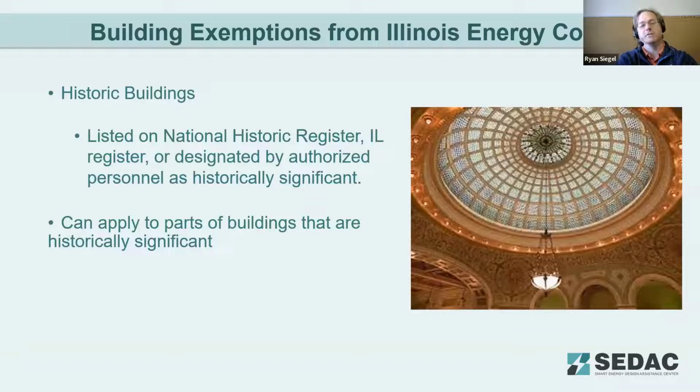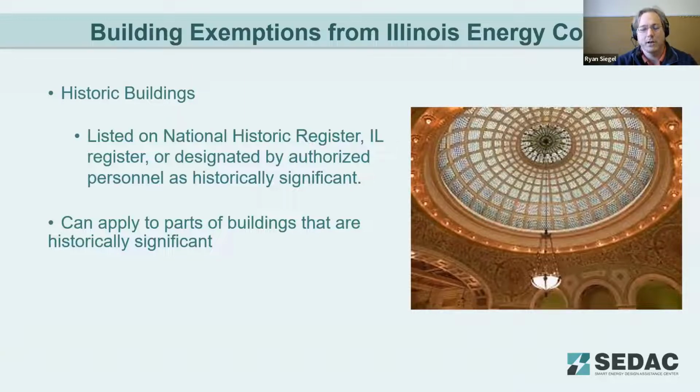So while those buildings may be exempted from the Illinois Energy Conservation Code, it is good practice, particularly for comfort and other benefits that go along with compliance with energy code, to bring those into compliance as best as you can. The International Energy Conservation Code does have a provision in there. So even if you try to comply fully with the International Energy Conservation Code, it does have an exemption for areas of buildings that are historically significant.